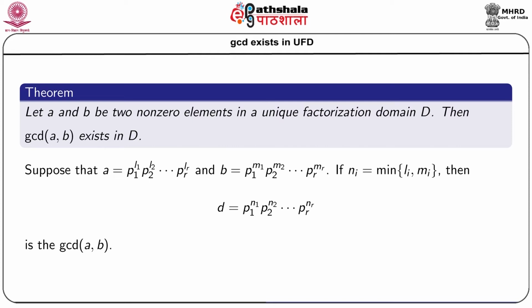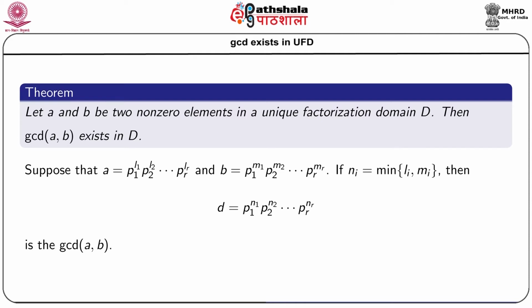Recall that if we are to find the GCD of two integers, then first of all we express the integers as a product of prime integers, and then according to the power of the prime factors we get the GCD.